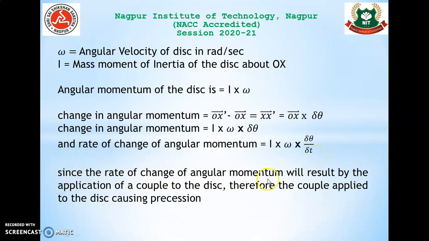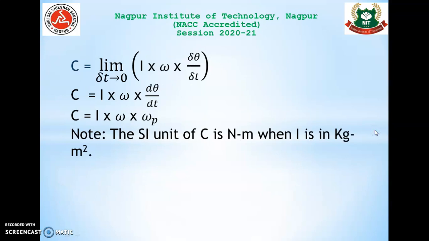Since the rate of change of angular momentum results from the application of a couple to the disk, the couple applied to the disk causing precession is given by C equals limit del t tends to 0 of I into omega into del theta upon del t. When we apply the limit, we get C equals I into omega into d theta upon dt.